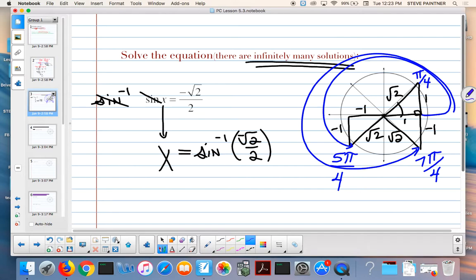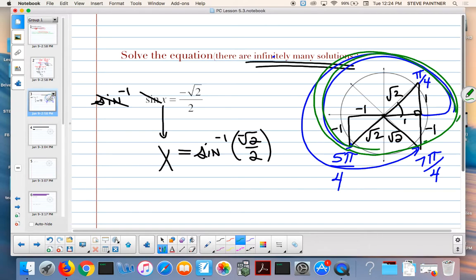Or are there infinitely many? Yeah. So where are the other answers? In the same spot, if you just run around the circle. If I went like this, here's the answer, right there, the 5 pi over 4 spot. But could I keep going? Here it is again, here it is again. I can just keep going and going.